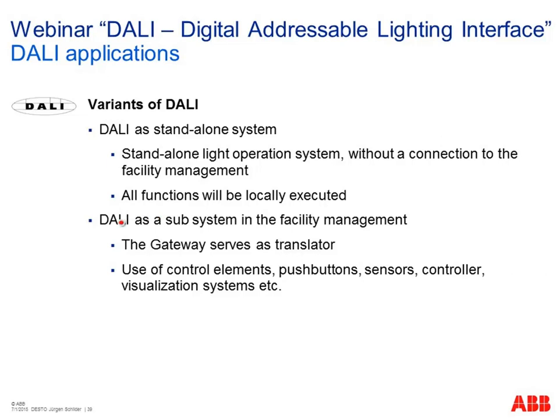But today we can integrate all these benefits or advantages of DALI also in superior systems, like in facility management, in other systems, in IP systems, for example LON or also KNX. And then we need gateways to send telegrams from the superior system into the DALI world. But we also get feedback like status messages or ballast failure or lamp failure into our KNX system, for example.